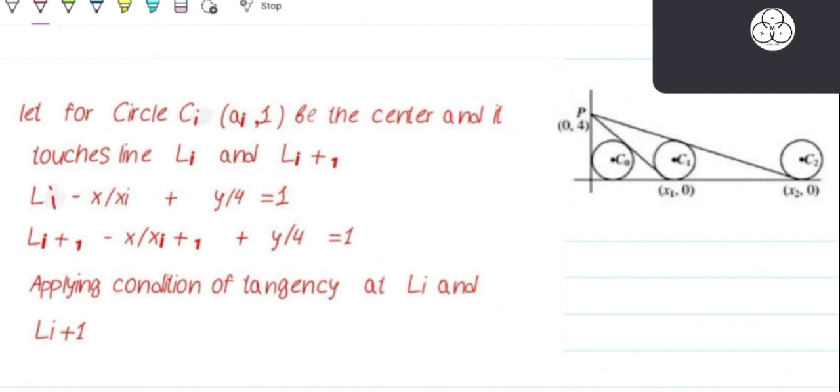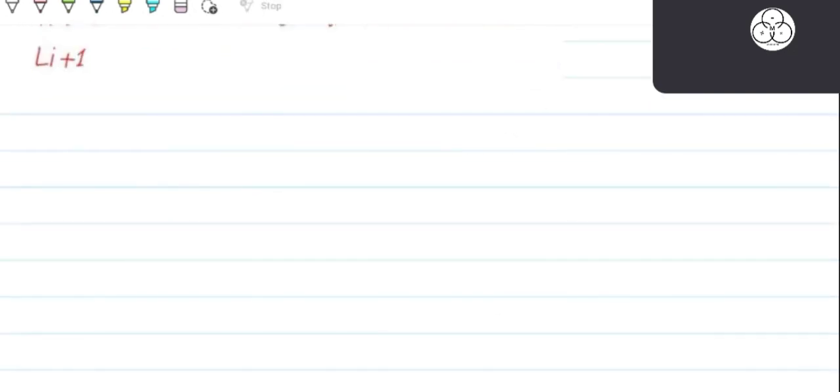Now we'll apply the condition of tangency to Li and Li+1. Let's assume that the center of the circle Ci is (ai, 1). And we all know the concept of condition of tangency, but here we are going to use a brilliant concept that's usually not taught in the regular classes. So let us apply the condition of tangency for the line Li and circle Ci.